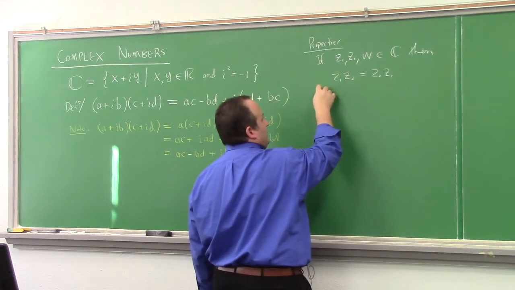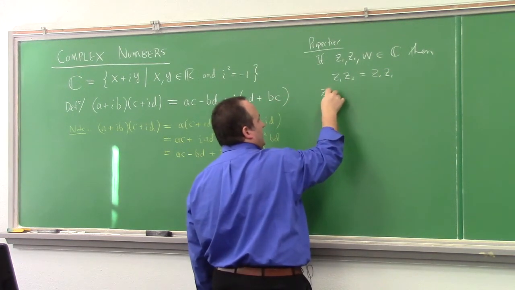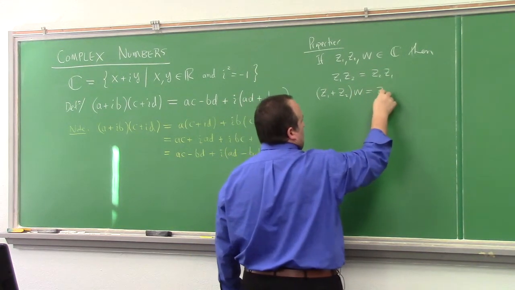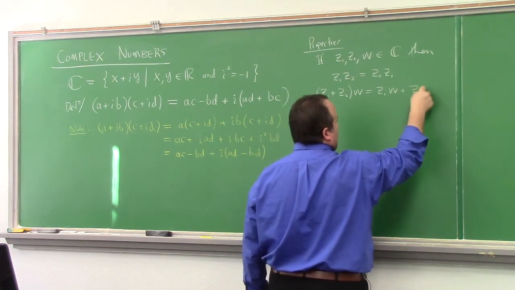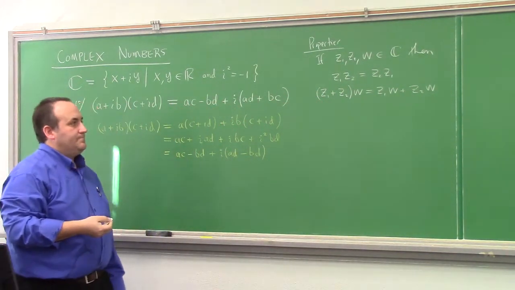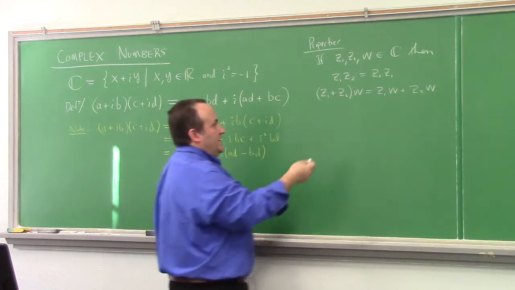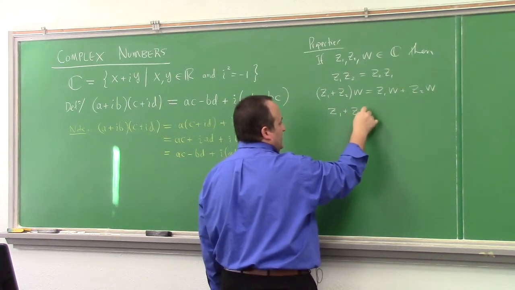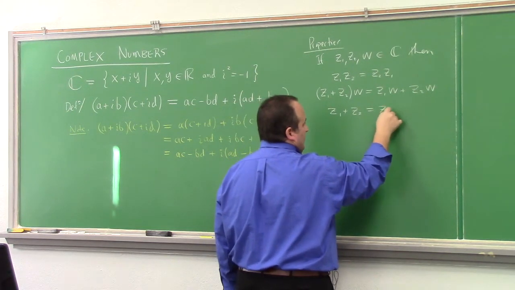There is a distributive property. So if I have z1 plus z2 times w, that is z1 w plus z2 w. Of course, other things you already know, like addition also commutes. z1 plus z2 is equal to z2 plus z1.